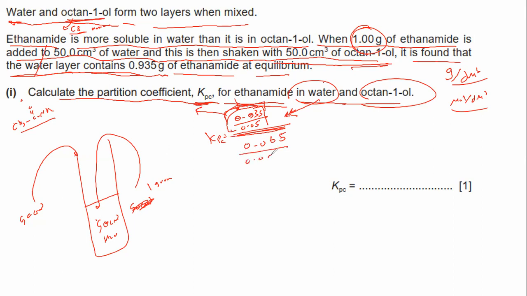And the octane-1-ol layer has this volume, 0.05. So yeah, the question now is over. If you divide them, you will find we have 14.4. As we said, we don't have any unit.